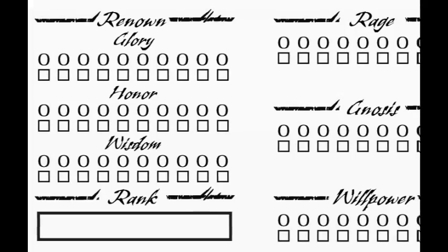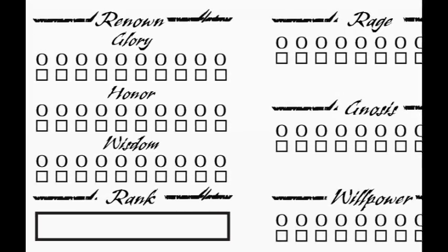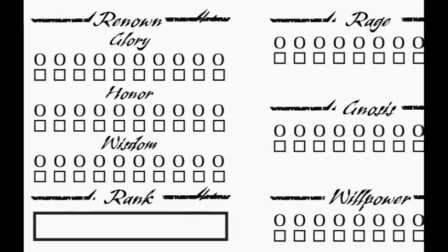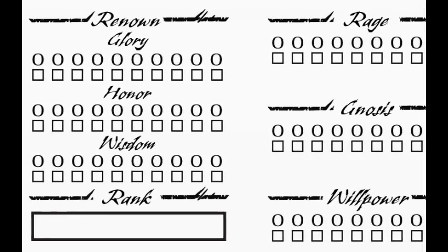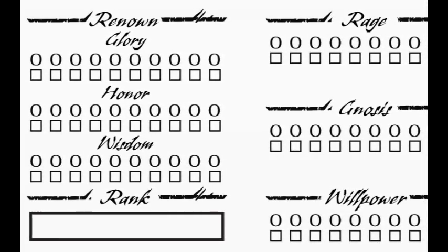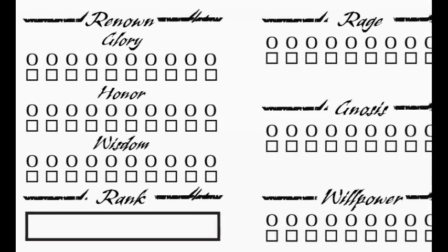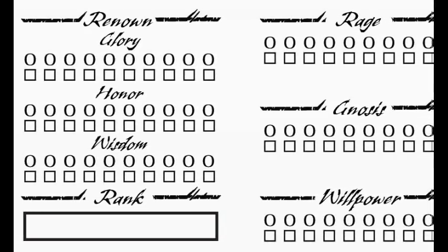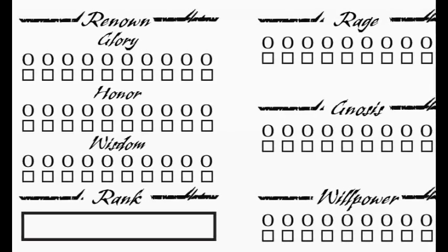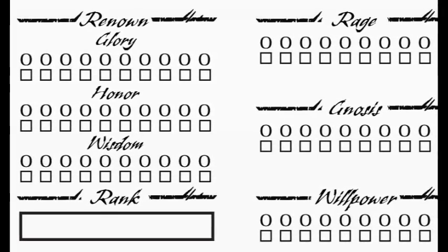And you can also spend a temporary willpower point to gain 1 automatic success when you're rolling. Not a completely successful roll, but since the rolls are done so that you're looking for multiple successful dice of all the dice you rolled, if you spend a willpower point, you will gain 1 extra die that was a success.